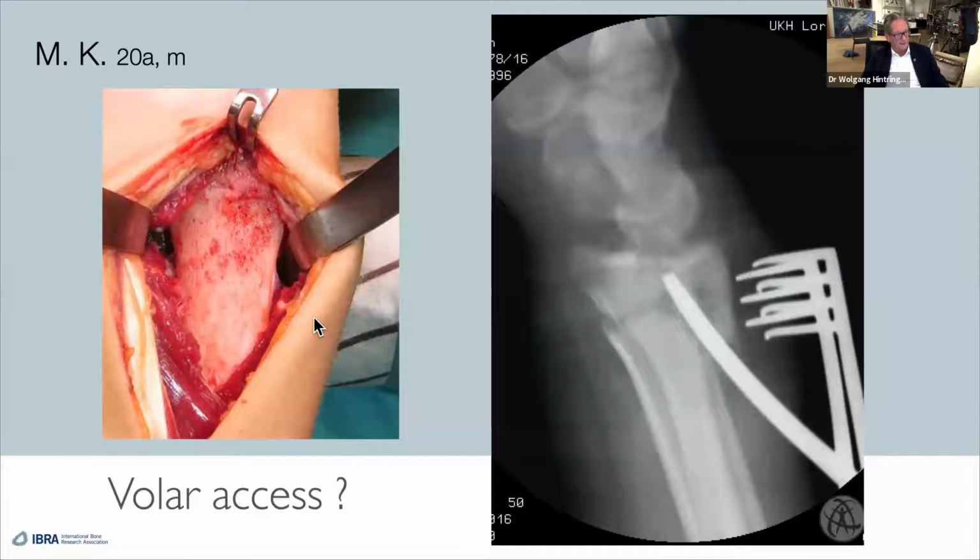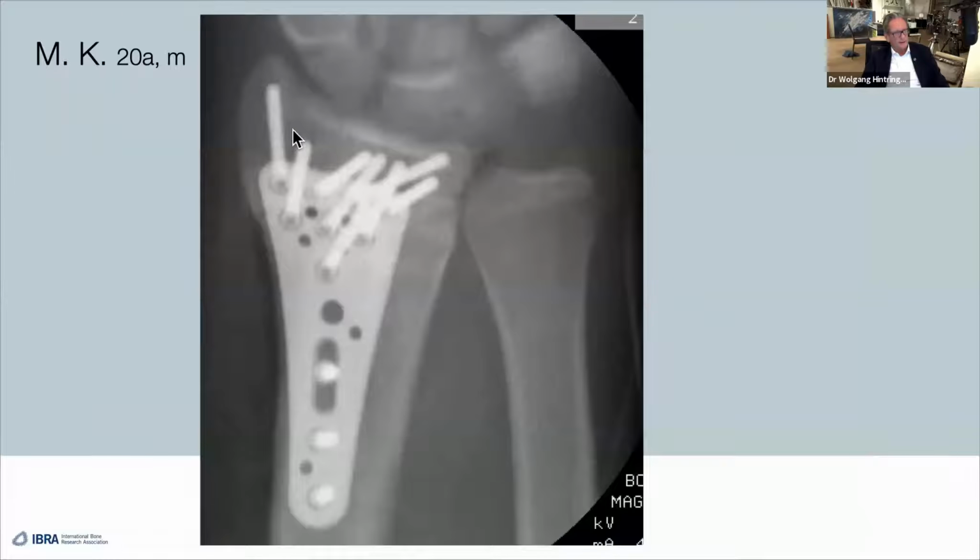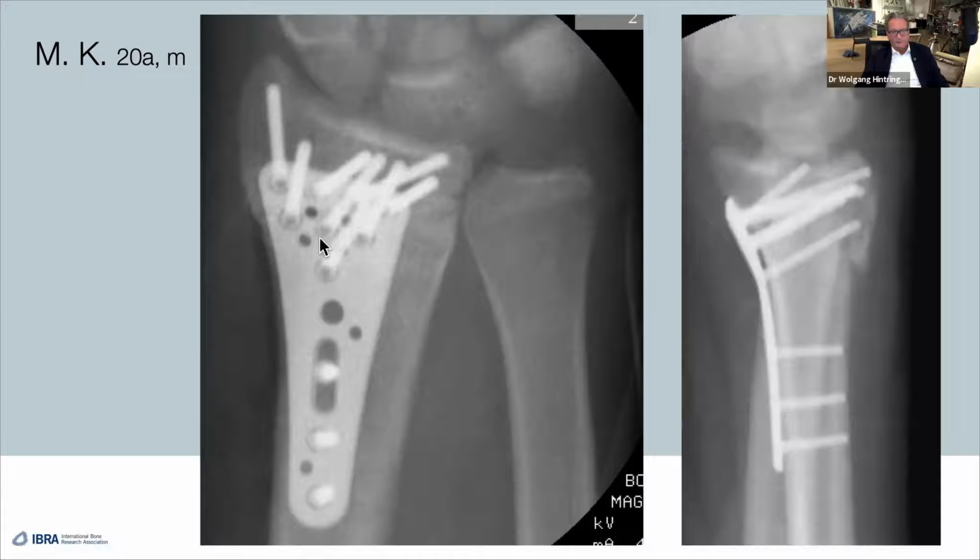And that's the question, if that makes sense, because he wanted to reduce the fragment well with some maneuvers from the dorsal side. And he wanted, because he always wants to go in from the volar side in 90% of all cases, he tried to fix this fragment from the dorsal side, and look here, it looks not so good.